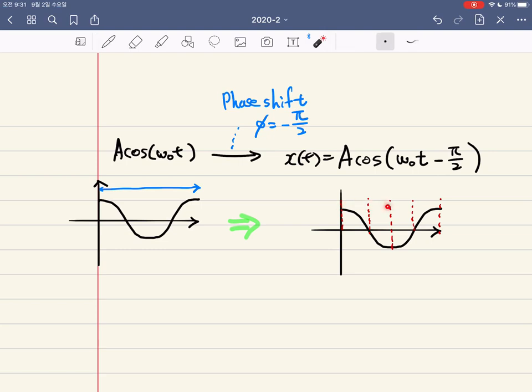So each of these refers to a quarter of the whole cycle.